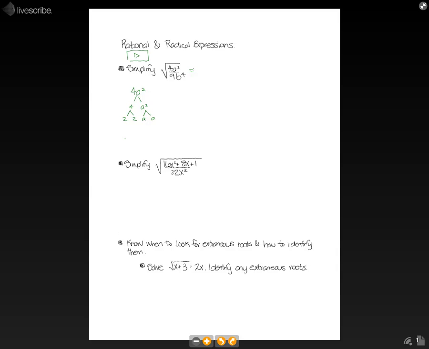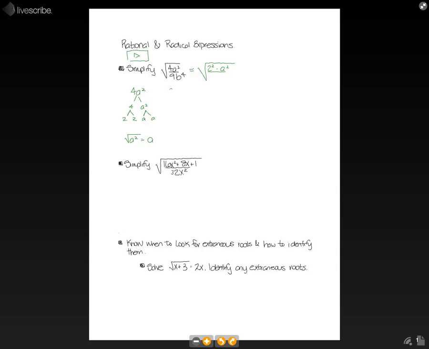So the square root of a squared is just a, and that's the general form of these things. So here the numerator becomes 2 squared times a squared.